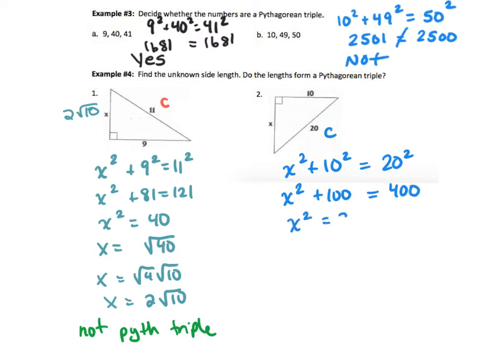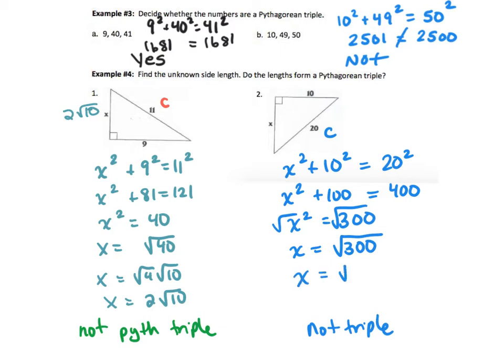So x squared equals 300. So we'll take the square root. The square root of 300 does not turn out to be nice. So right away we know it's not a Pythagorean triple, which is okay. But I can simplify this. This is the square root of 100 times the square root of 3, which is going to be 10 square root of 3.